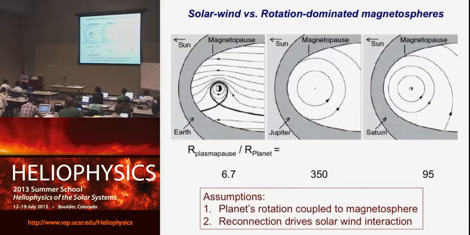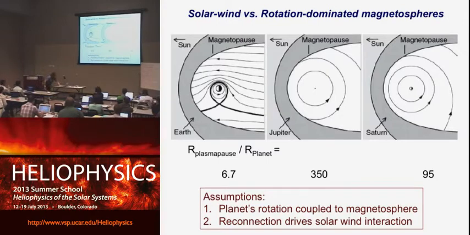The other thing is we're assuming that the magnetosphere is really coupled tightly to the rotation in that rotation region. And there could be other ways in which that coupling to the rotation breaks down. Not just because it's overwhelmed by the reconnection process, but there could be other processes. Okay, so we'll keep those in mind.